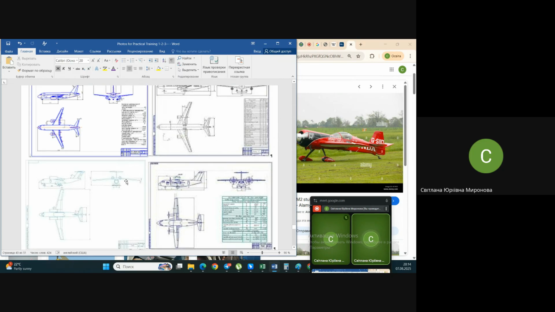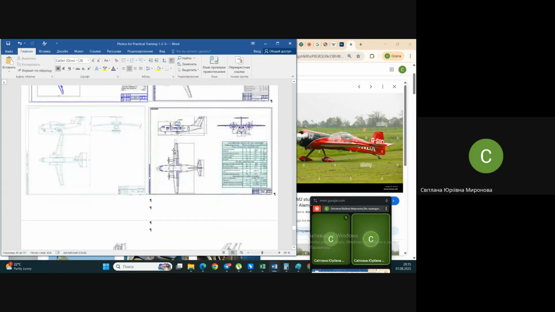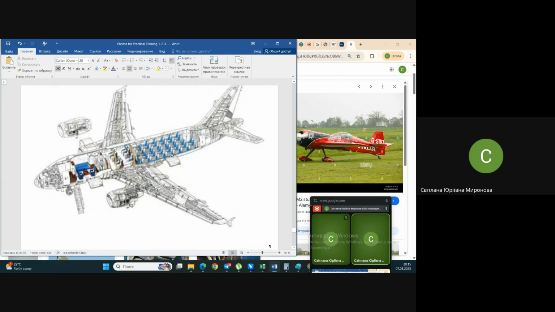So those who will do the general view drawing of the airplane, and if it's not completely ugly, I mean it's made accurately, 25 points are yours. Your variant, once again, let's come back to the story about variants.